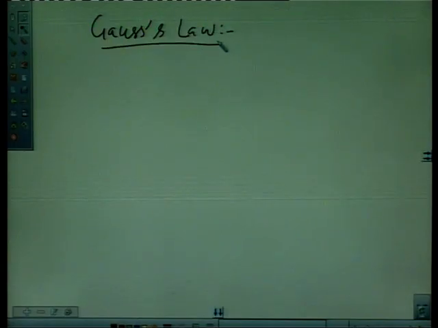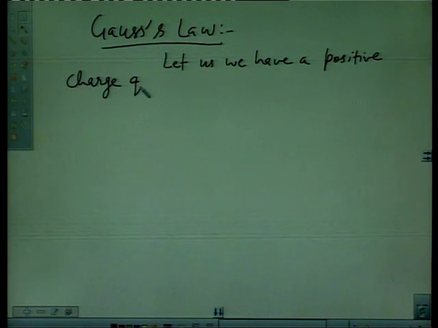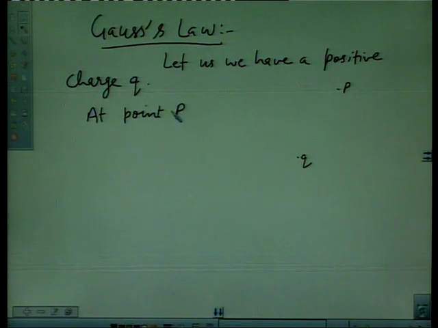So, according to Gauss's law, let us say we have a positive charge q, and a given point P. At point P we can find the electric field due to this positive charge q.